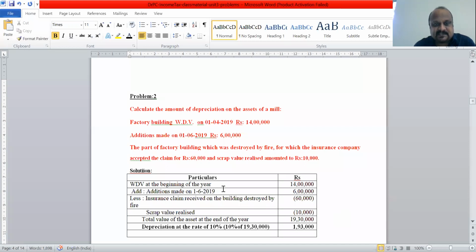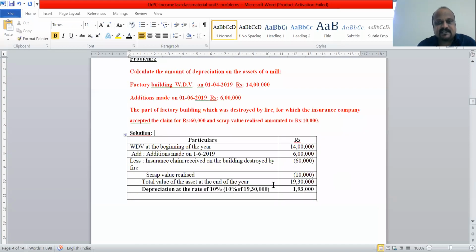See this 10%, 15%, whatever rates are there, sometimes it will be given, sometimes it will not be given. So what I am using here is all the latest figures, 2019. It is 10%. There are some changes that have been done for the rate of depreciation. Whenever it is 2019, you have to apply the rate applicable for that year.